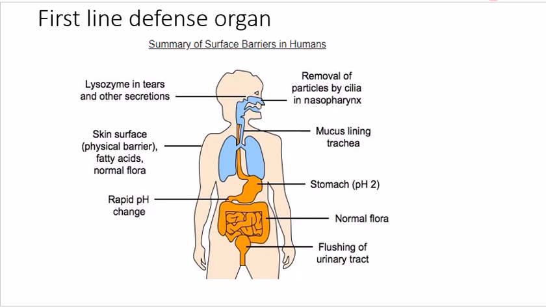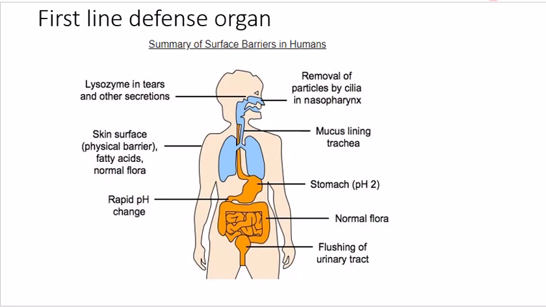Then we will also see the final third defense layer with two different cells. So what I'm trying to do is make sure you understand very clearly that our body has three different layers of defense organs and defense mechanism.